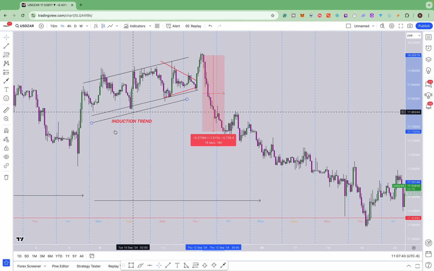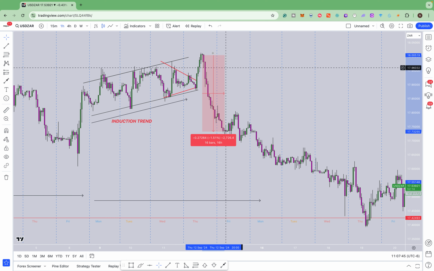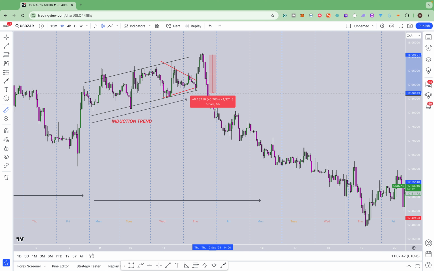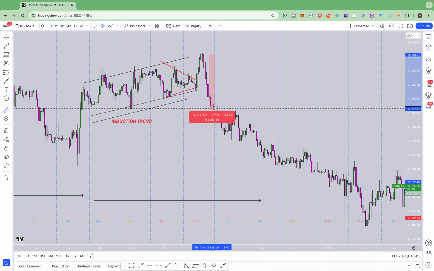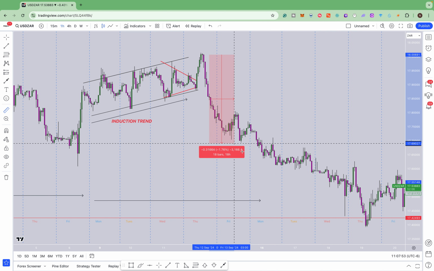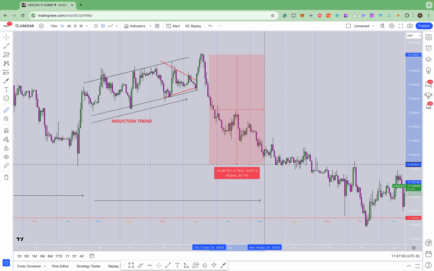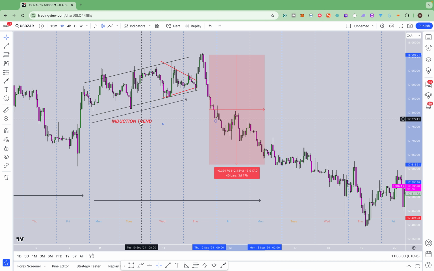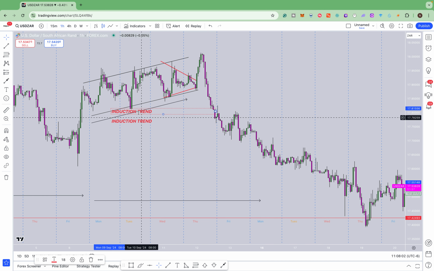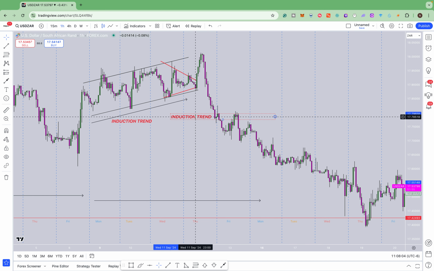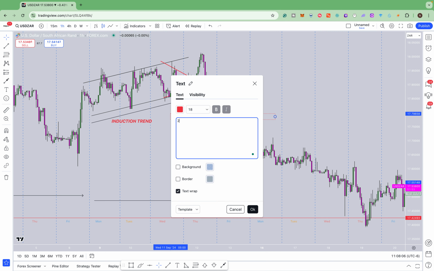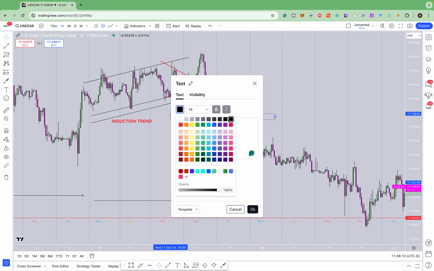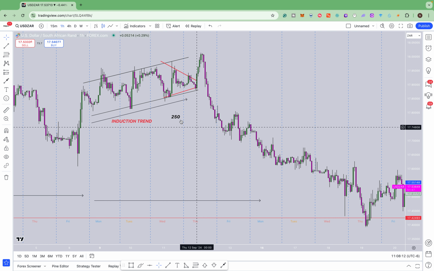If you're targeting this low, it would have been about 200 pips, 192 pips. If you're targeting this previous low right down here, that's almost 400 pips. So we'll just say it's about 250 pips again. Nice 250 pip reversal.